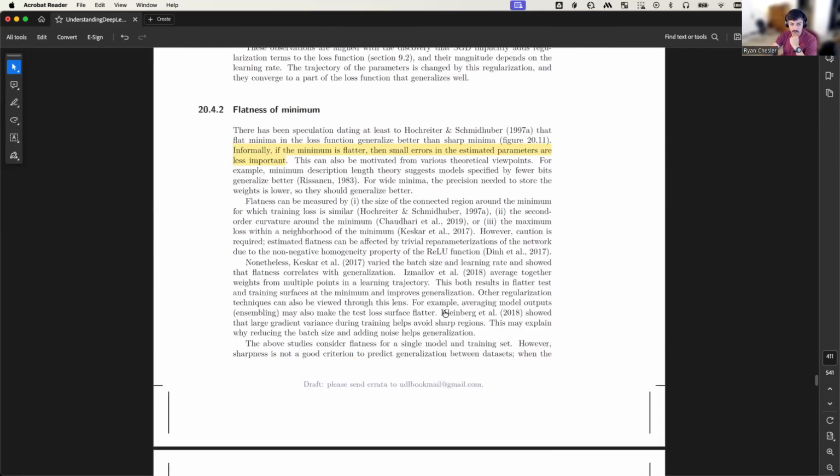One of the things they were pointing out is that typically you get better generalization if the minimum that you fall into is flatter. You might fall into some minimum that is very, very sharp, and that can be dangerous because if you move in any direction, you end up getting a bad result.